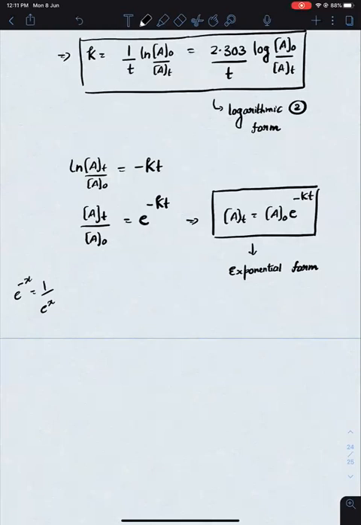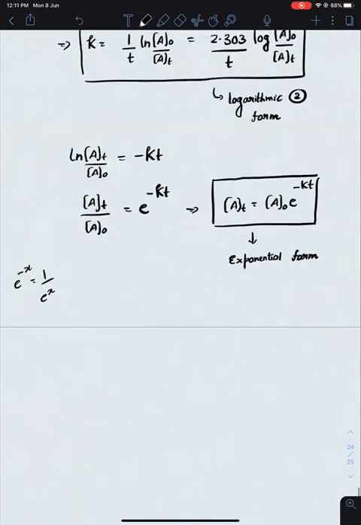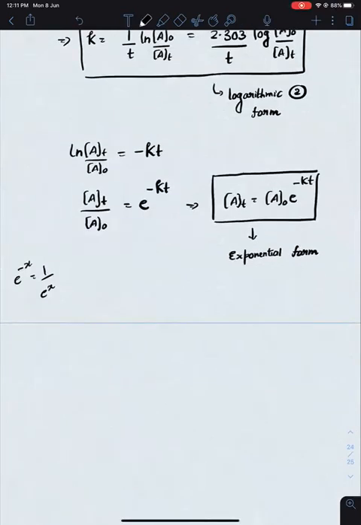Okay, and it will be decreasing exponentially. So ये जो particular expression है, this expression is also termed as exponential decay expression.